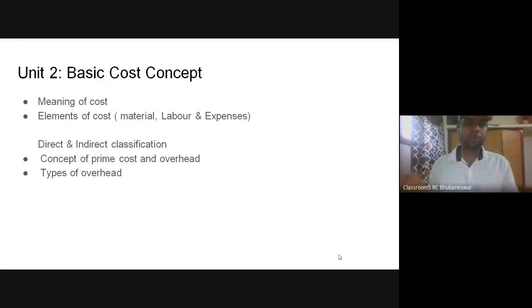It is not the purchasing price of the product, but it means all the expenses which can be attributable to a particular product, or which can be directly or indirectly linked or allocated to that product. So it is known as the cost of that particular product.